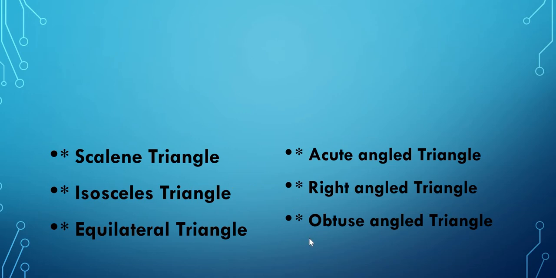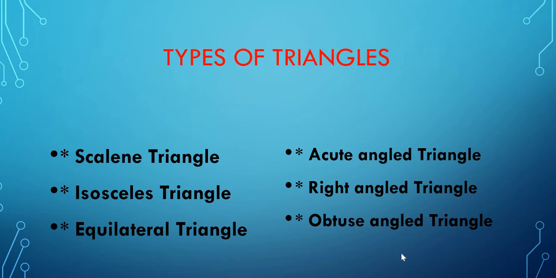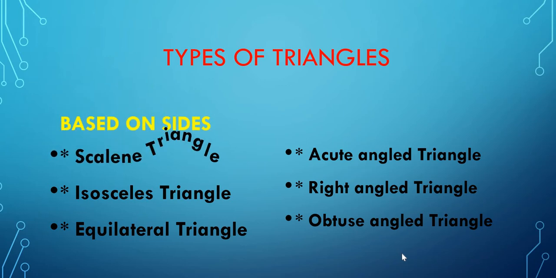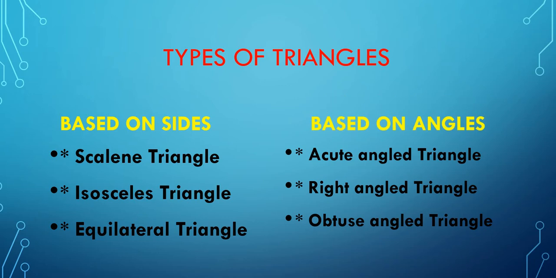In this, based on sides of triangles, we can classify the triangles into three types. They are scalene triangle, isosceles triangle, equilateral triangle. In the same way, based on angles of triangles, we can classify triangles into three types.